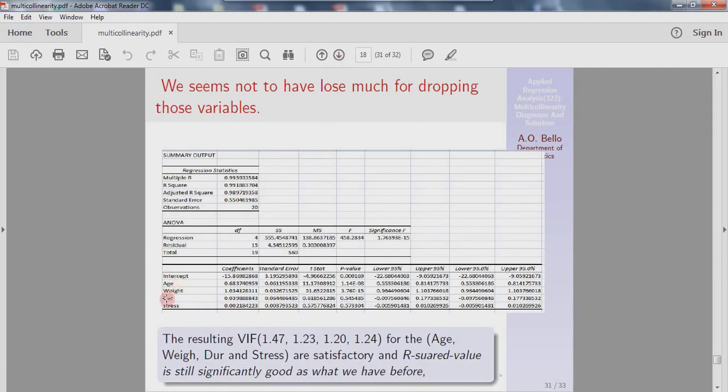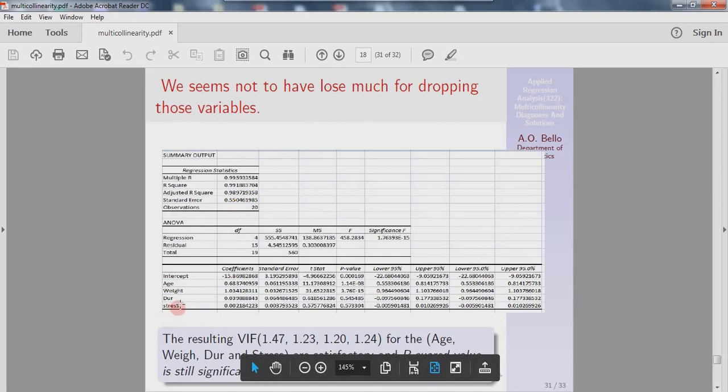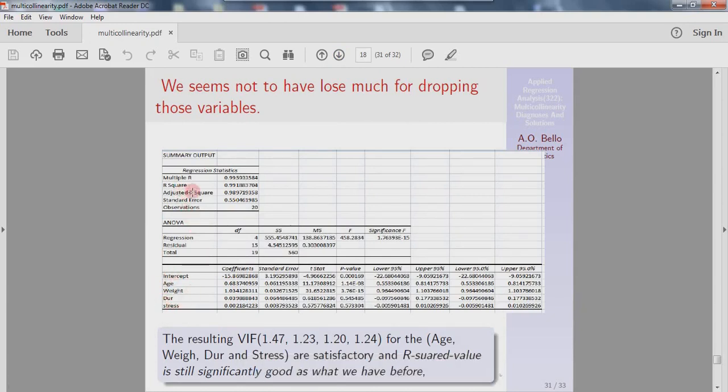So let's look at the new model we have. We've removed body surface area and we have removed pulse. So when we have the analysis, let's look at our R square. Our R square is still 0.999, which is not different from when we had body surface area and pulse there, which shows that body surface area and pulse were providing redundant information about Y. They are useless, they are redundant.